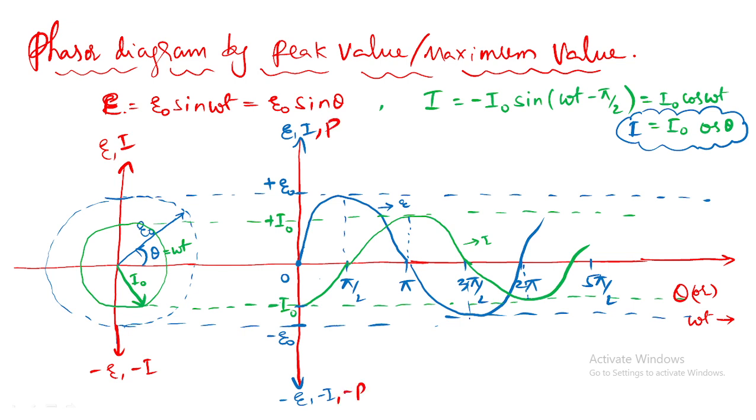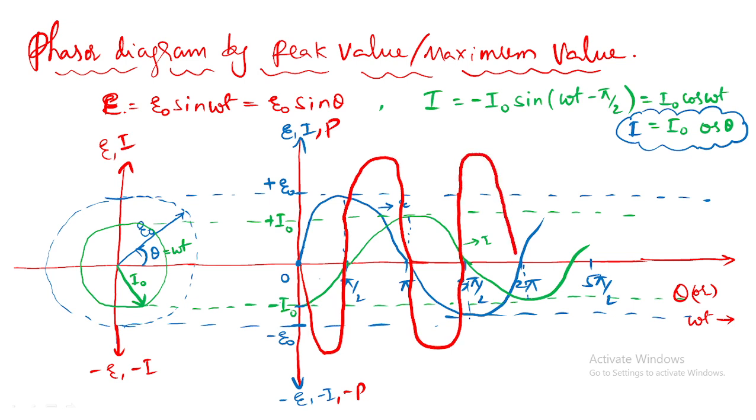So if I try to see, the value of power will be like this. Very plain. Why?